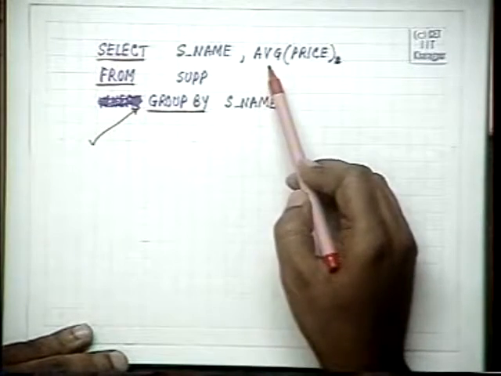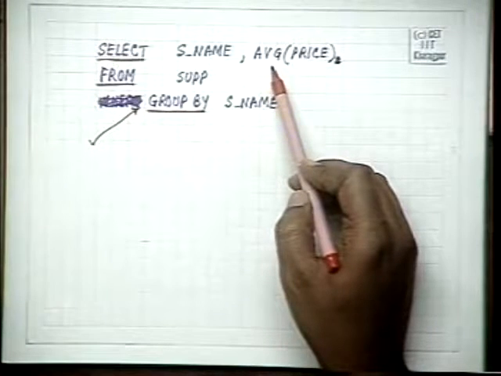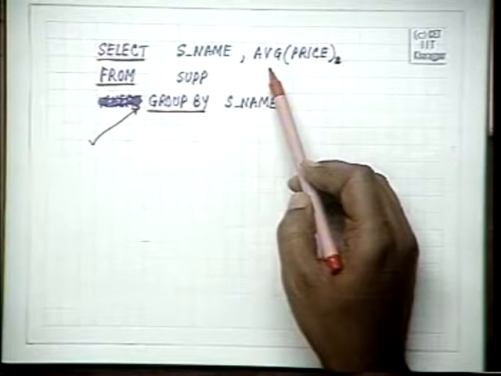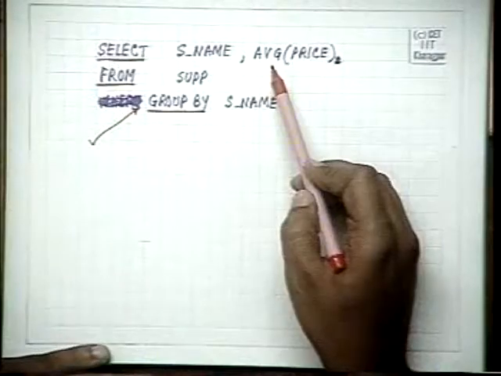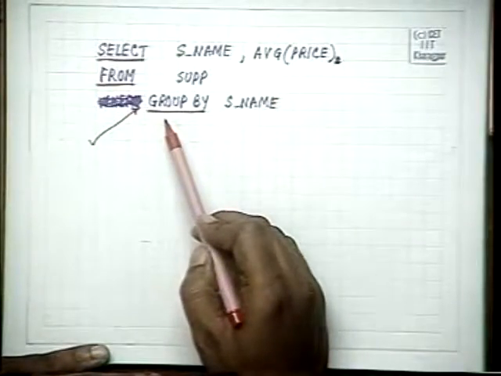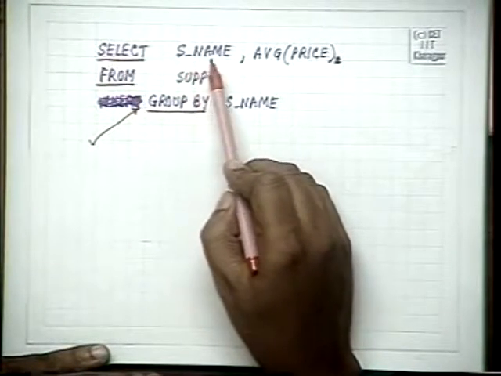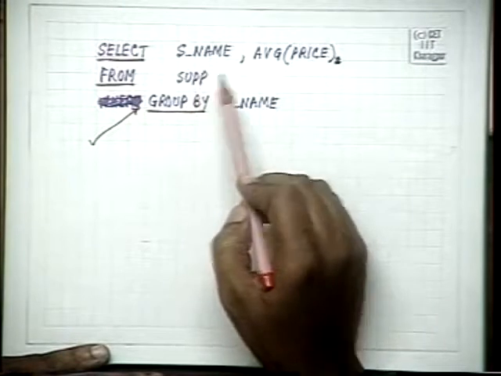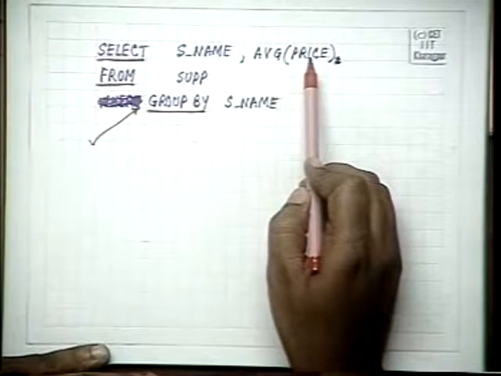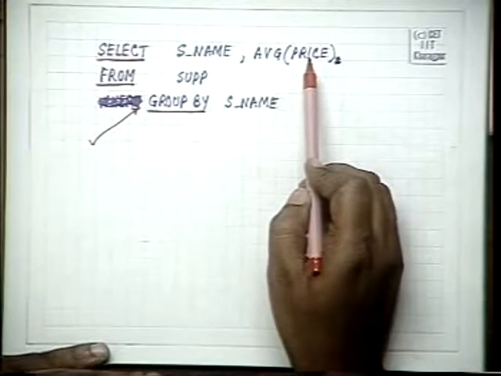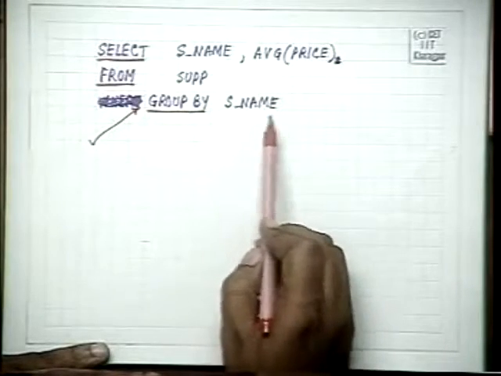Now the aggregating functions will be on groups because they are aggregates. Average is an aggregate of a set, so that set will have to be defined by a group definition. Now this means that it will print out all supplier names and the average price of the books supplied by them, because you are grouping by supplier name.